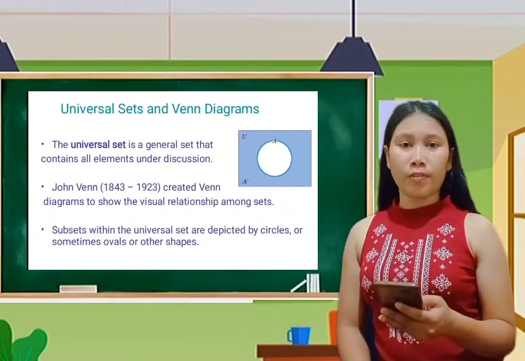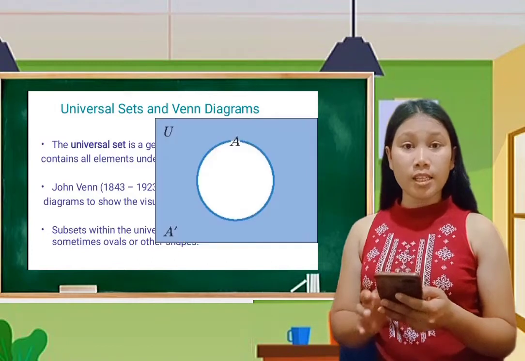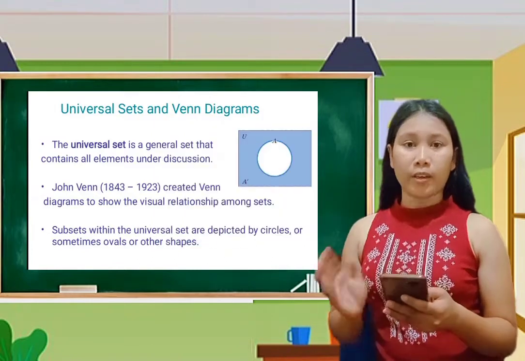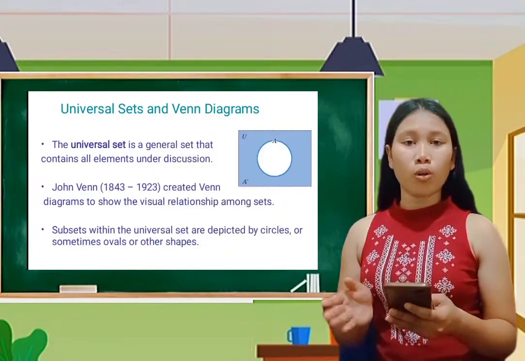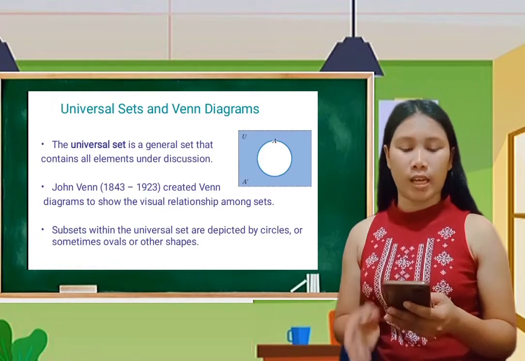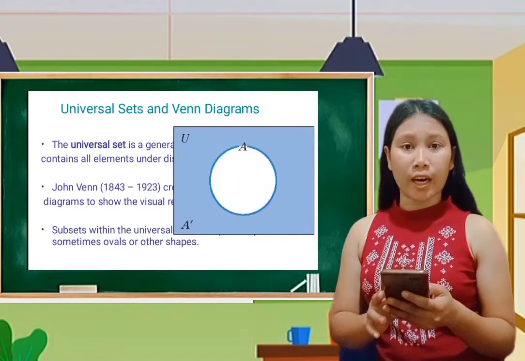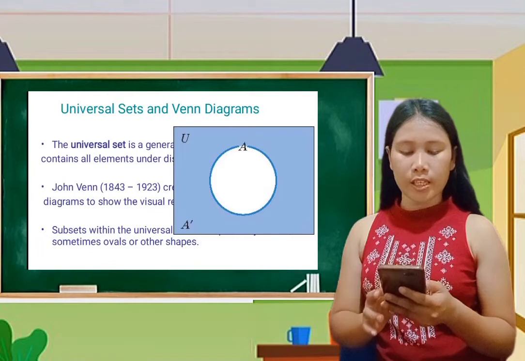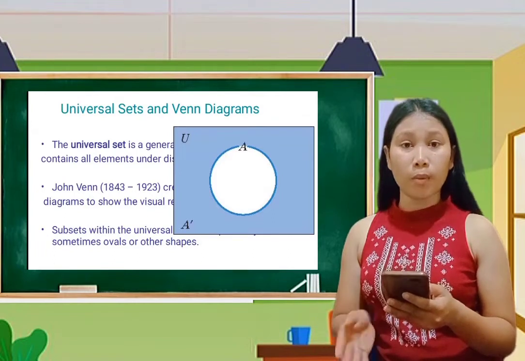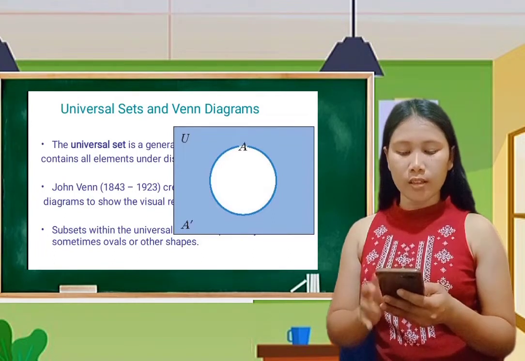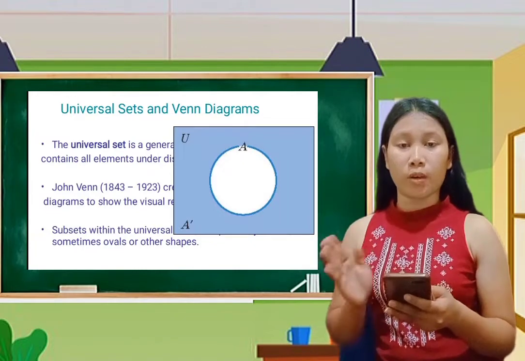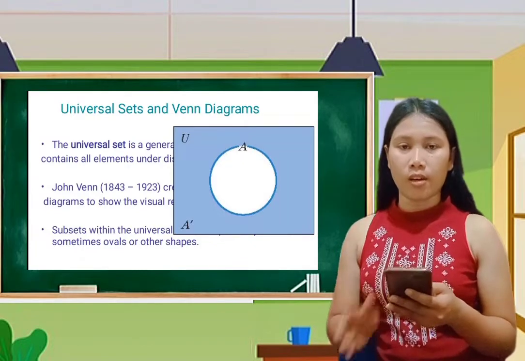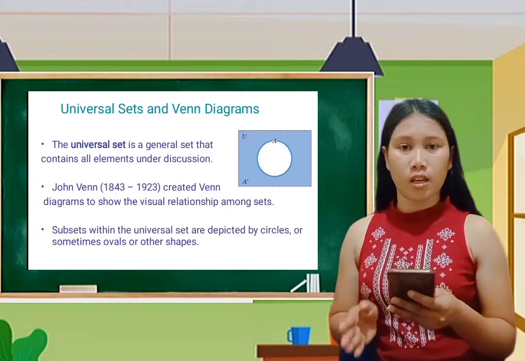Universal set and Venn diagram. This is the figure of Venn diagram created by John Venn to show the visual relationship among sets. In this Venn diagram, we can see here there is a universal set, the symbol of universal set, the symbol of complement of set A and the set A. What is universal set?